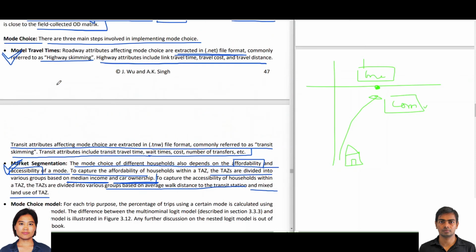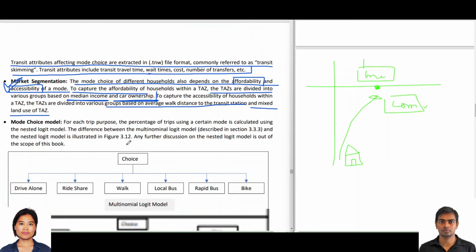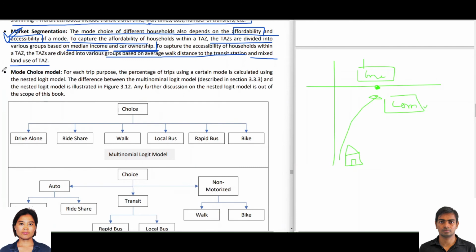So first we try to figure out what network we need to extract for the mode choice. Then we segment the market. And third one is to actually run the mode choice model. In the theory, we looked at the multinomial logit regression model. What the multinomial logit model does is the choice is directly related to all the options.